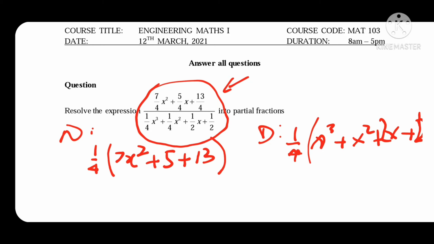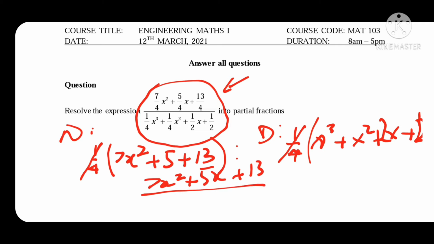So that's what we have. The factor 1 on 4 cancels 1 on 4. So that means we'll be having 7x squared plus 5x plus 13 on x cubed plus x squared plus 2x plus 2.